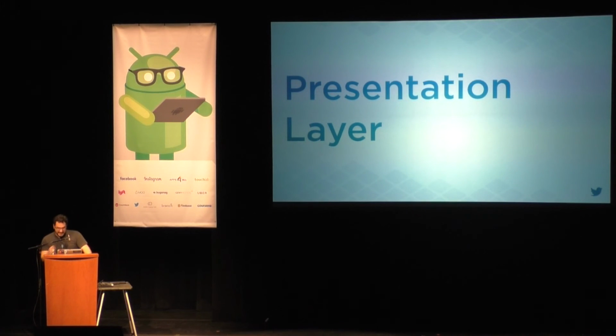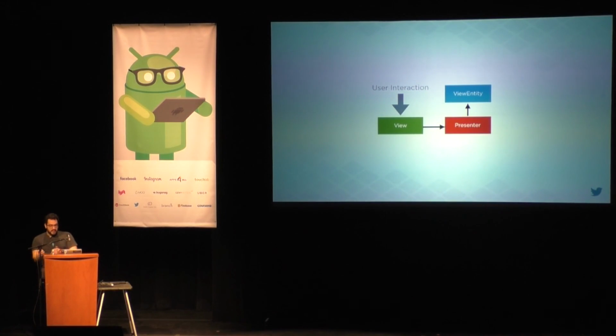Okay, so presentation layer. It's like VP with a twist, and the twist is the view entity. We are not going to persist the presenter anymore. The presenter could be bigger in a complex app. If you have a complex UI, you can divide that UI into different presenters, in a smaller MVP, so you don't get big presenters.